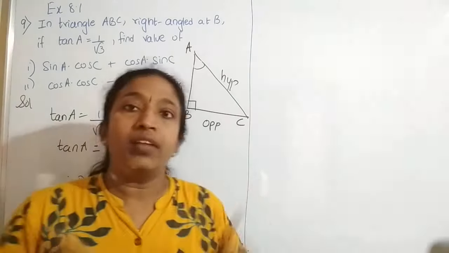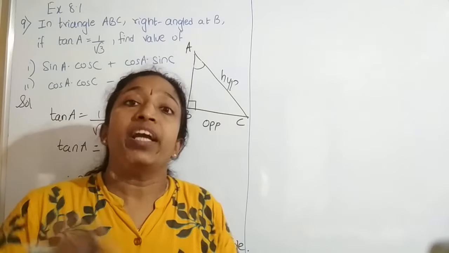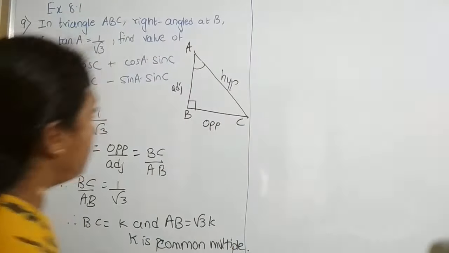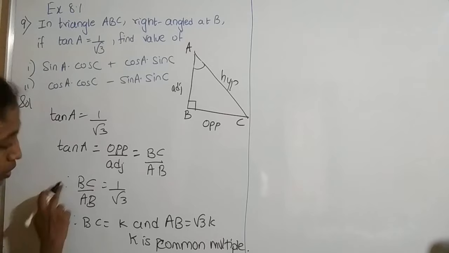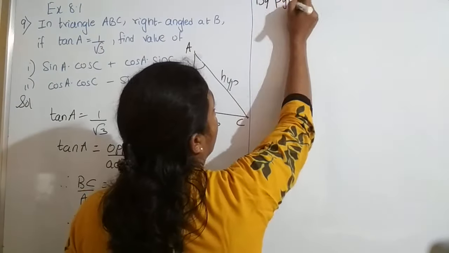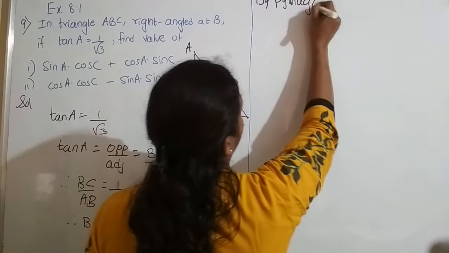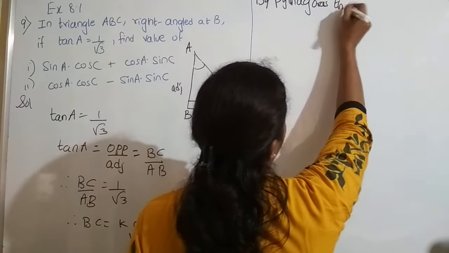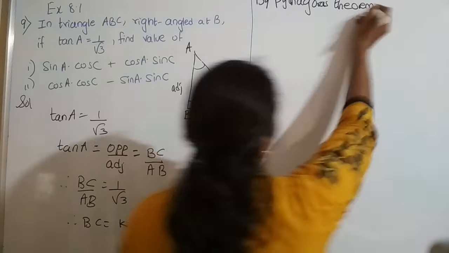As I said, first in a triangle, if two sides you come to know, find the third side by using Pythagoras theorem. I know BC, I know AB, so you can find AC by Pythagoras theorem. When you apply, we find hypotenuse square.